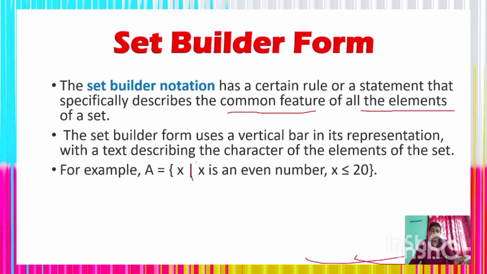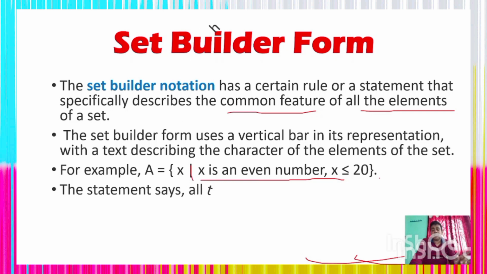The right side of the bar sign represents the properties of the set, what kind of elements the set should contain. Here x is an even number, and x is less than or equal to 20. It means all the even numbers equal to 20 or less than 20.